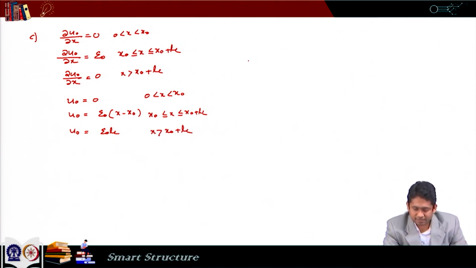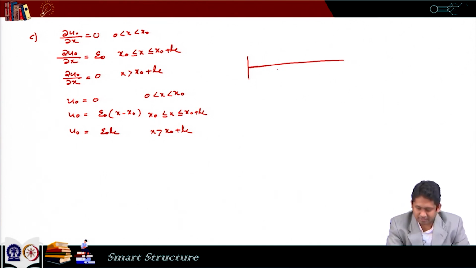Now, if we plot it, the plot looks like this. The epsilon 0 is a negative quantity here. So, the displacement is negative. So, this is a 0 line. So, this is u 0 is equal to 0 line.